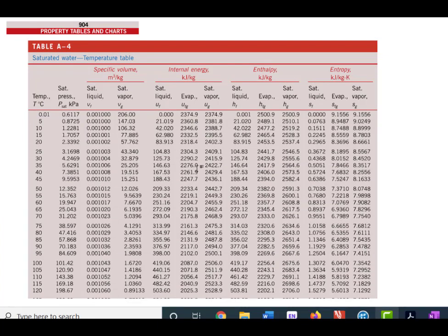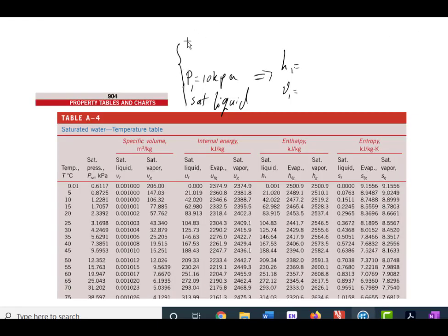So let's see what the method and the guideline are to understand which one of these tables should be used for our purpose, to find the characteristics or properties of water in different phases. Okay, now we are looking for the properties which we need, which are the enthalpy for state 1 and also the specific volume for that state.